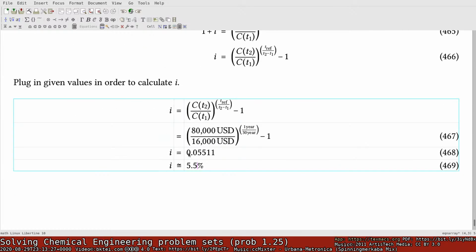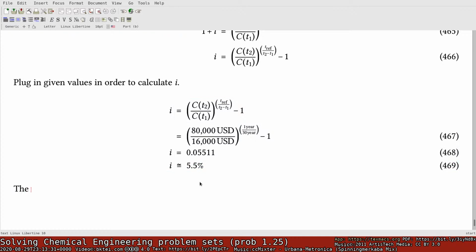So his salary, the engineer's salary increased at a rate. Salary increased, had an average annual.